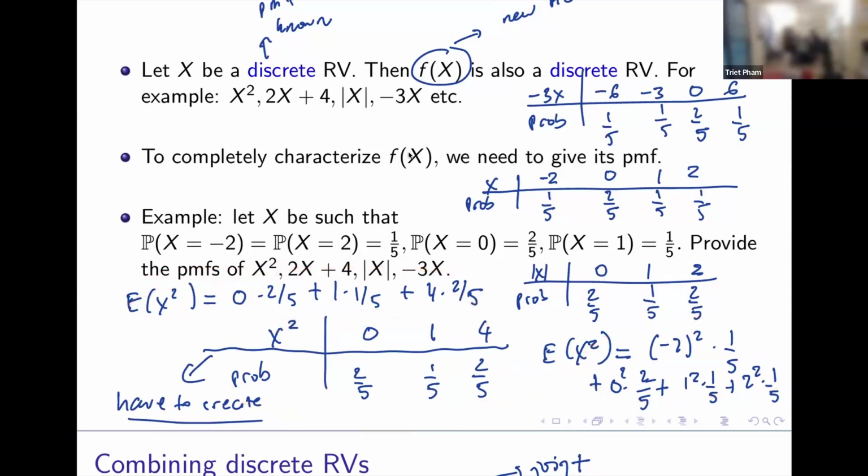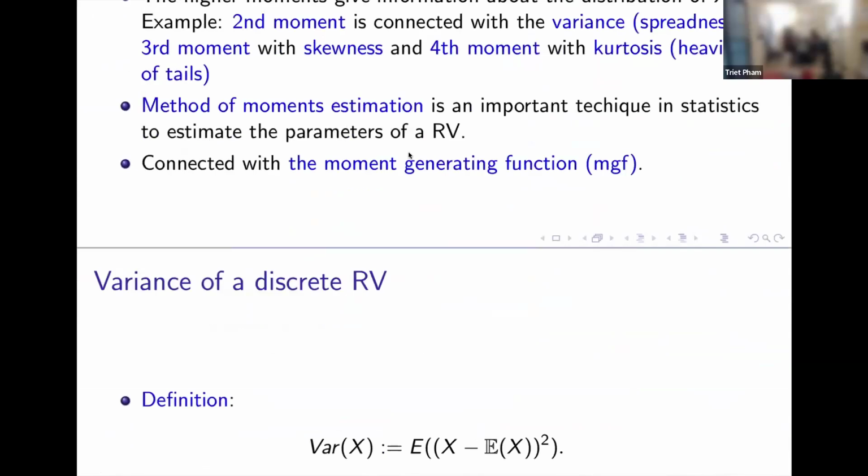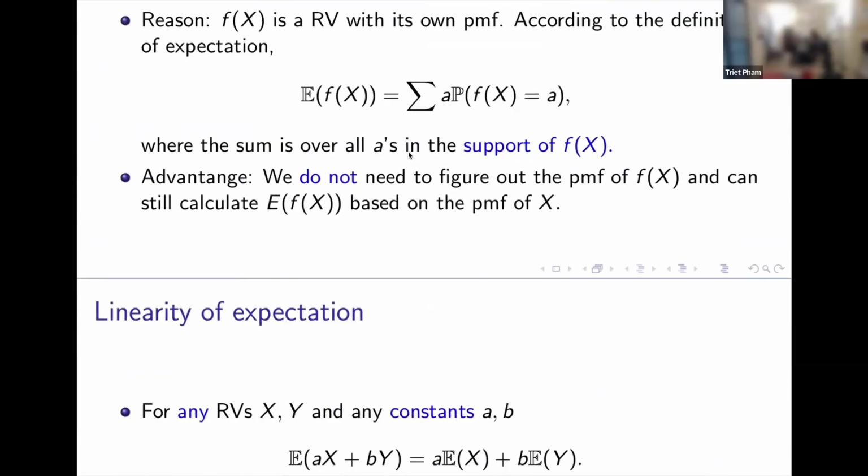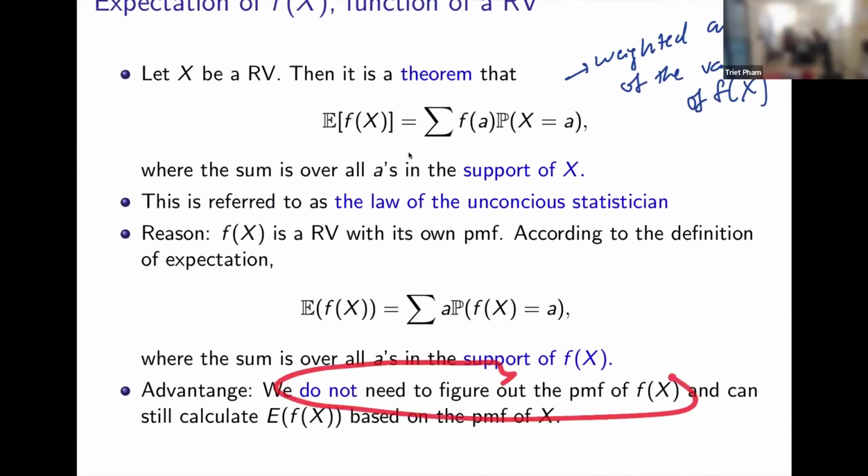So basically, the law of the unconscious statistician allows you to reference the original table of x and then just calculate the expectation of any function of x without having to figure out the new table. And that's the advantage. That's what I just said. Any question about this?